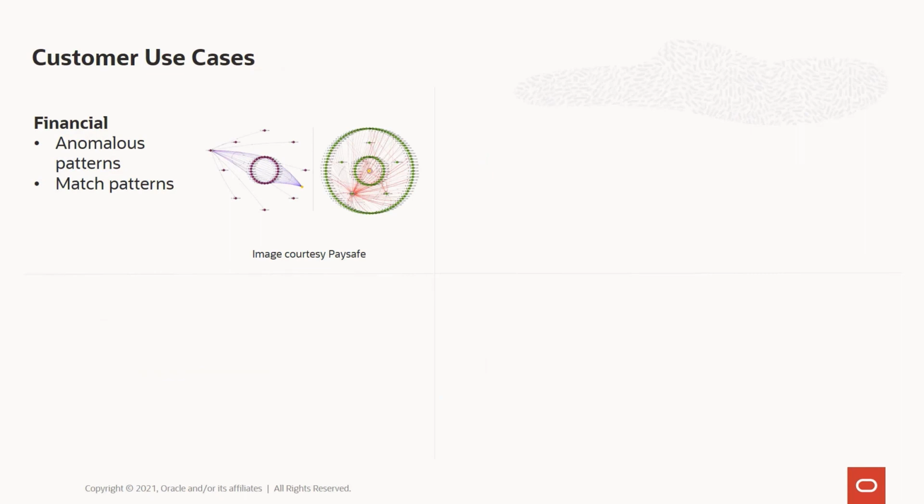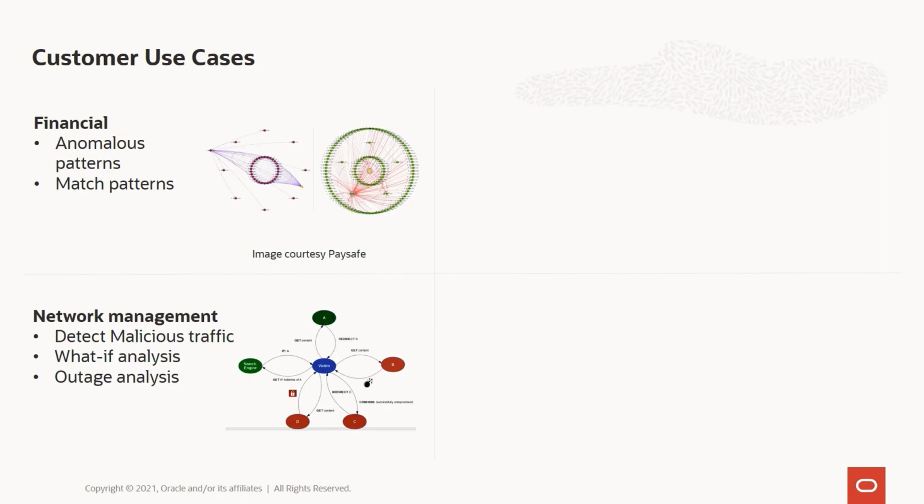And customers are using this to build a variety of interesting applications. In this example from the financial services industry, they use path analysis to identify whether cash transfers between two accounts are going through a lot of intermediate accounts. So that's something they would like to flag and investigate further. In network management, you can use graphs to do what-if analysis, like what happens if a node goes down.